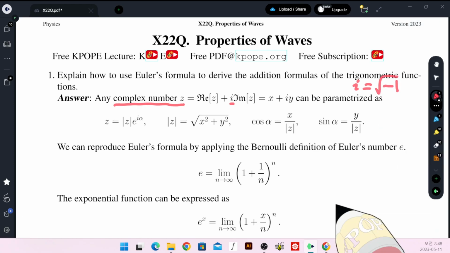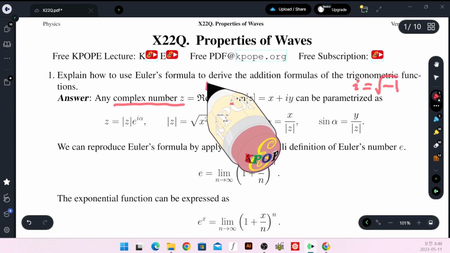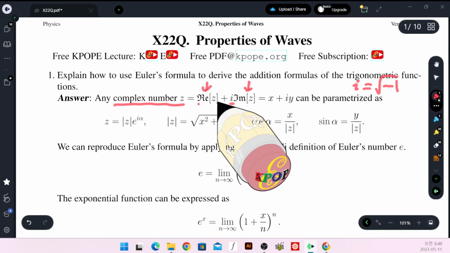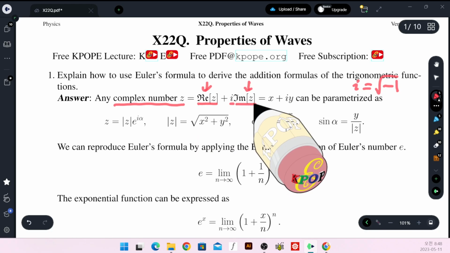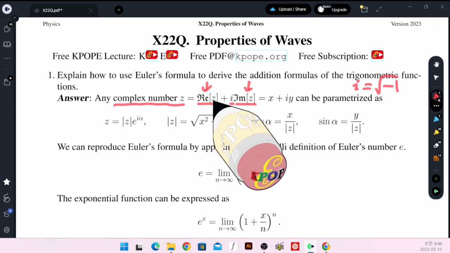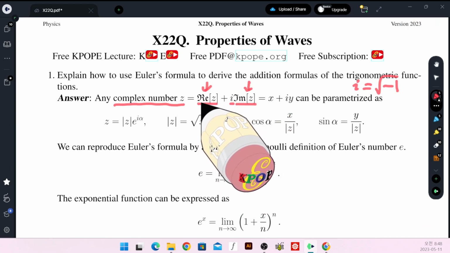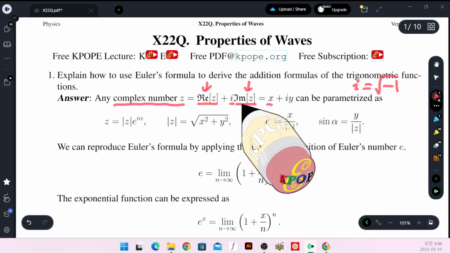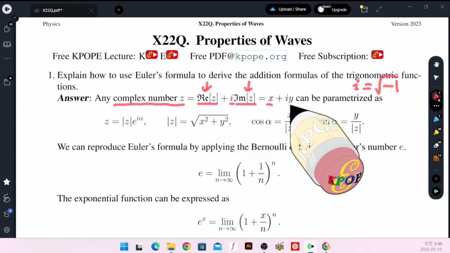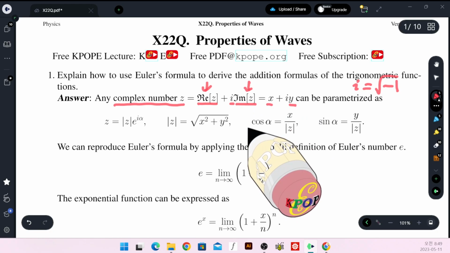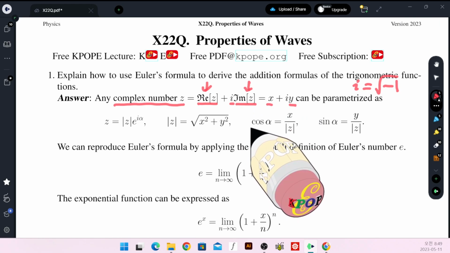The coefficients are called the real part and imaginary part. We can name the real part x and the imaginary part y, which correspond to the Cartesian coordinates in the two-dimensional Euclidean space.